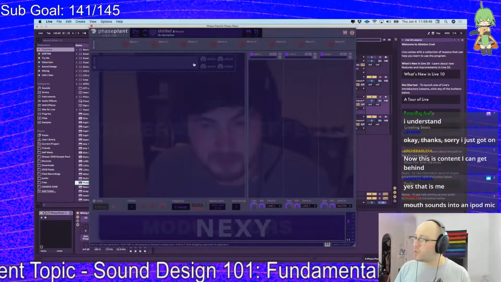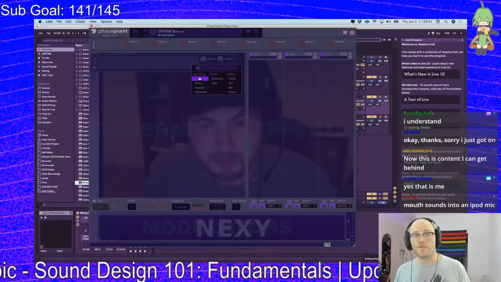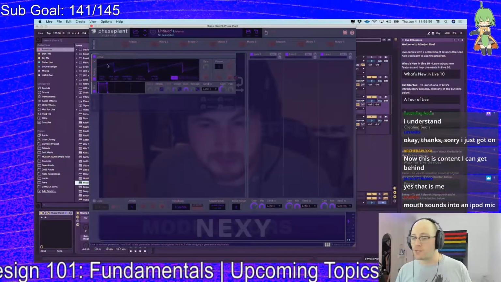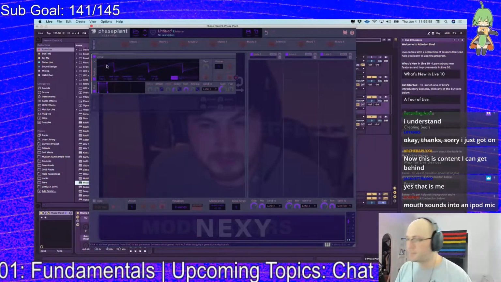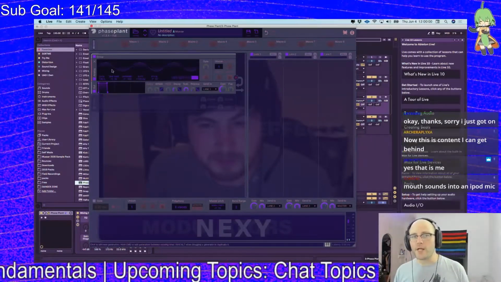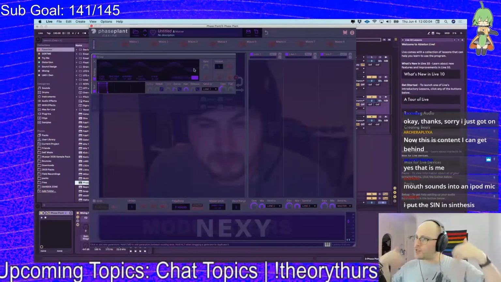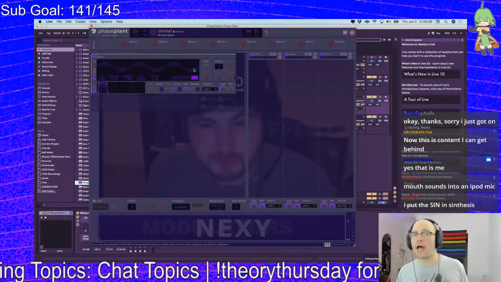The general process of making a sound involves taking some sort of sound generator, like I said. This is what we would call an oscillator. It takes a repeating waveform and it loops that X number of times a second.